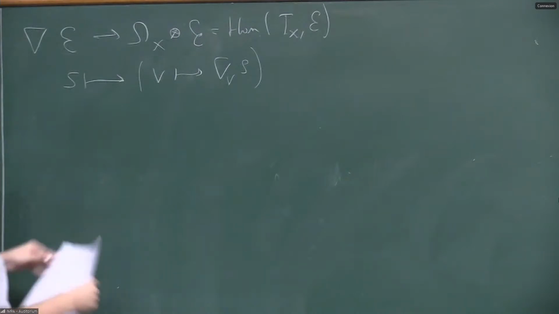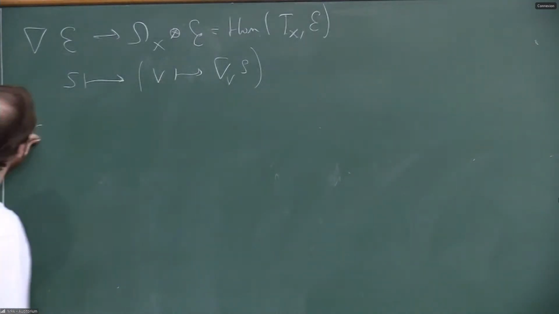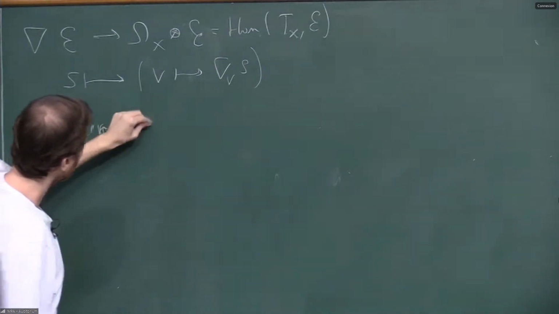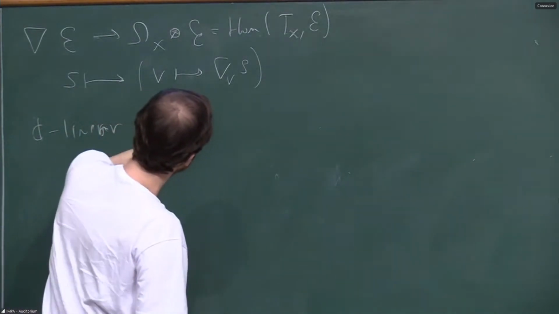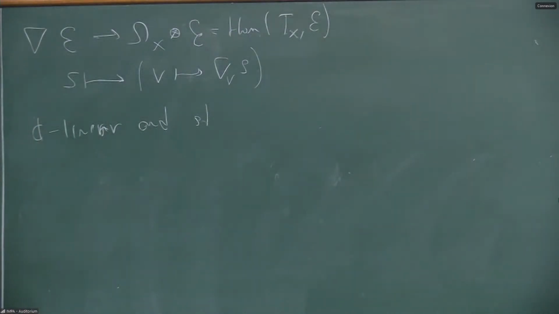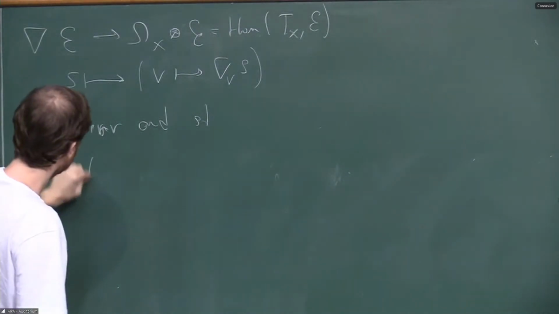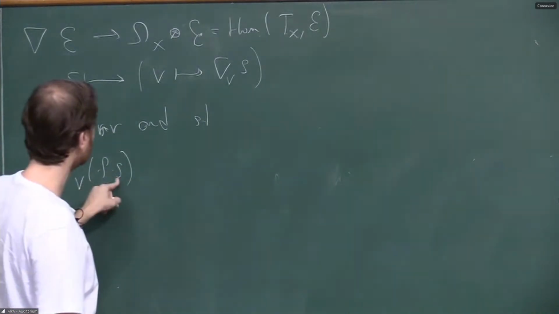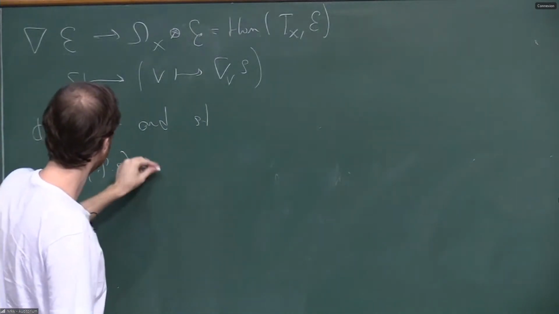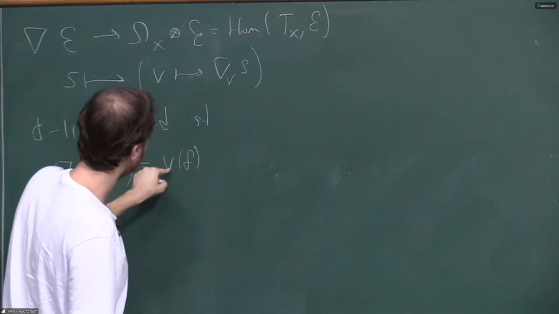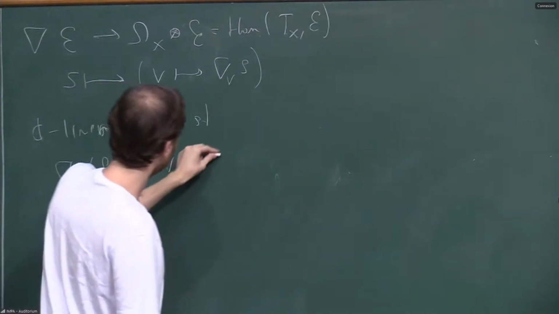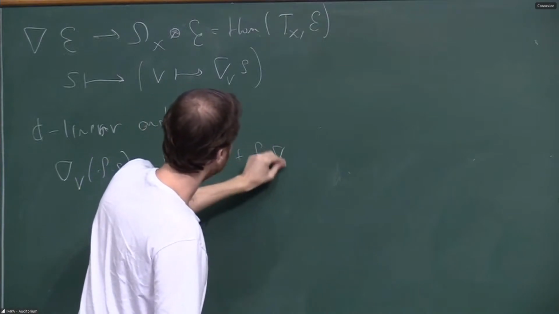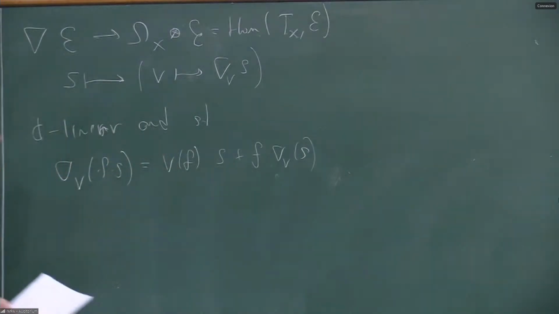It is C-linear and satisfies the Leibniz rule. This means the derivation of a product of a function by a section of E is the derivative of f times s plus f times the derivative of s.